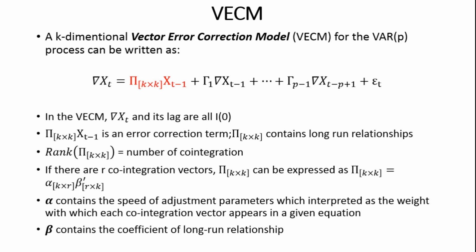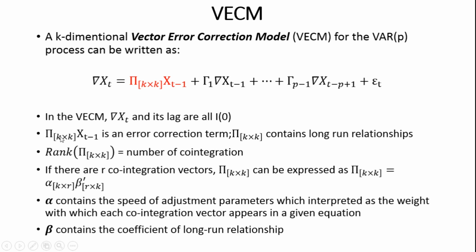So a k-dimensional vector error correction model for a VAR(p) process can be written as given on your screen, with the error correction term in red.